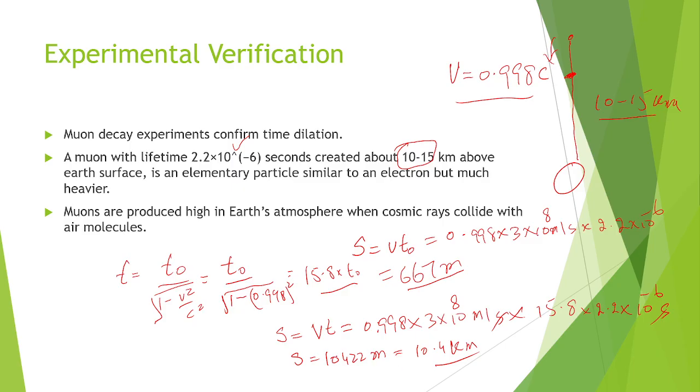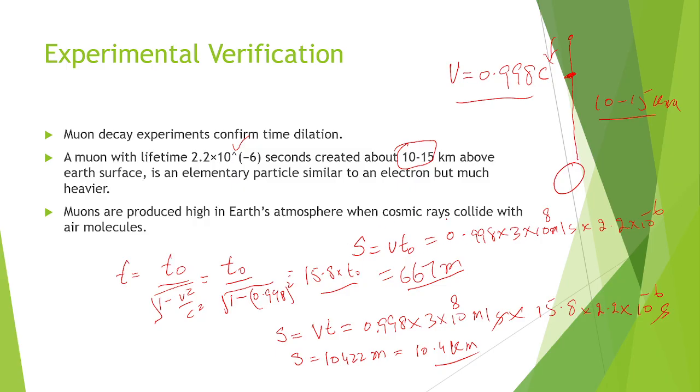So the muon covered this much distance in its lifetime, but we feel very small time for it. The time dilated for the muon, and that is why we observe many muons on the surface of the earth.